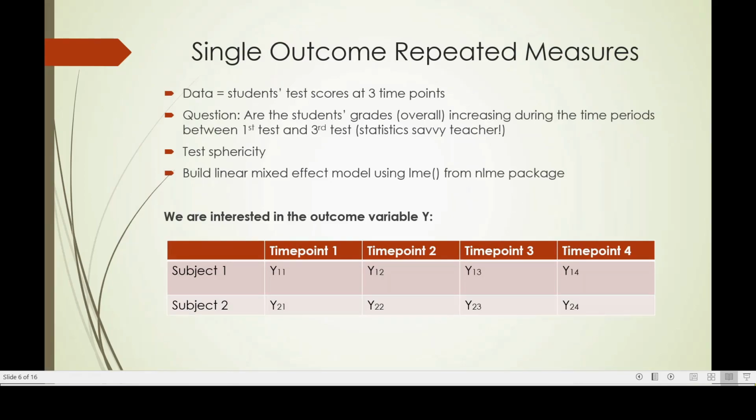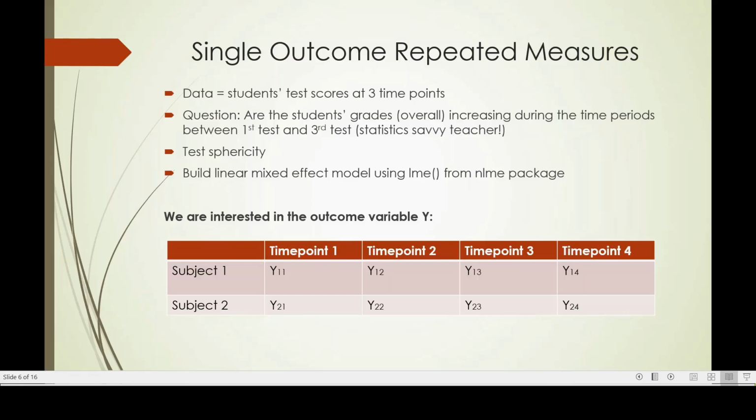So let's dive into the single outcome repeated measures analysis. Let's say we have a scenario where we want to give students 3 tests, each at a different time point, and we look at the test scores of these students at the 3 different time points. This is a situation where we have one outcome variable, which is the test score of the students.